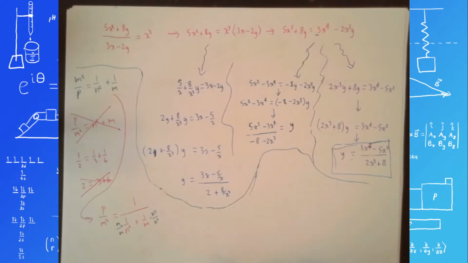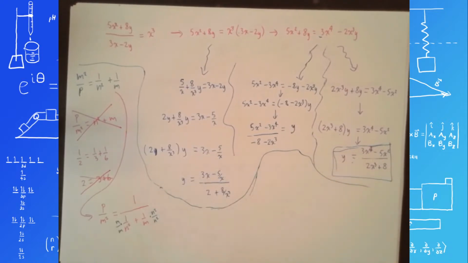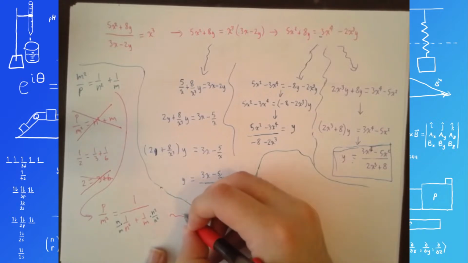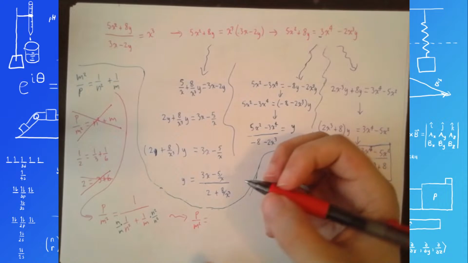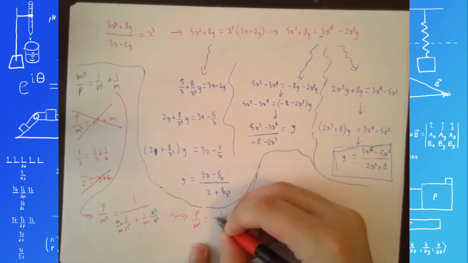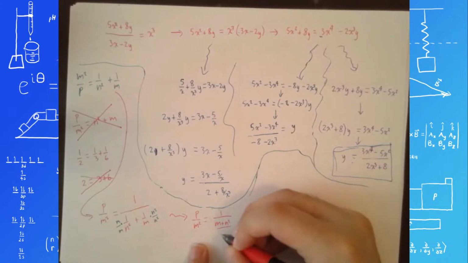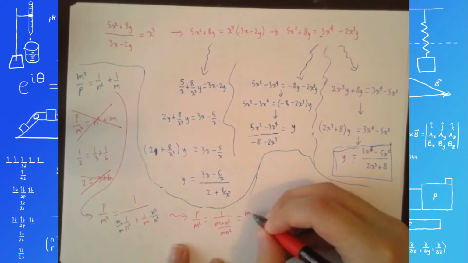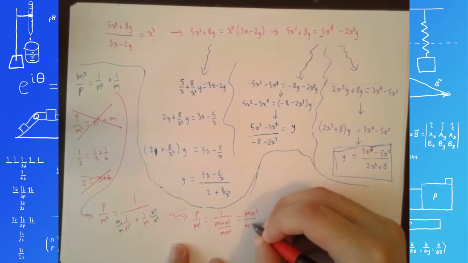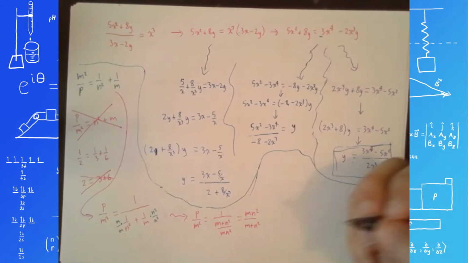And that would get me m plus n squared over n squared m. So, I guess I'll switch back to red here. I get p over m squared equals 1 over m plus n squared over mn squared, which can be rewritten as just mn squared over m plus n squared.